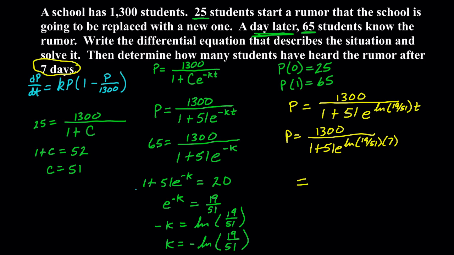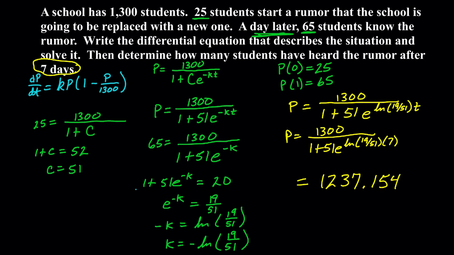If you work all that out on the calculator, this comes out to 1,237.154. Naturally, you cannot have decimals of people, so really it's approximately 1,237 students have heard the rumor after 7 days.